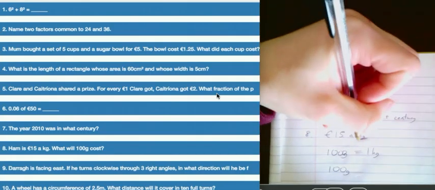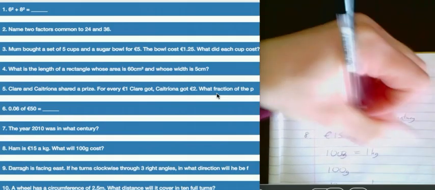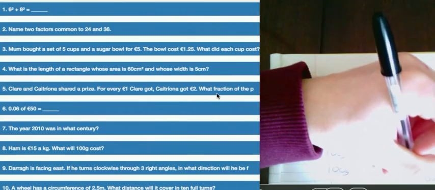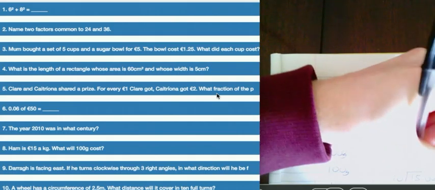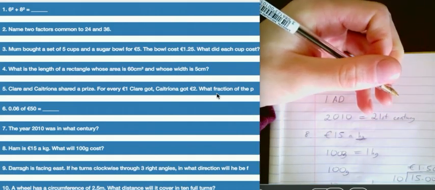So it's €15 for 1,000 grams. 100 grams is 1/10 of a kilo. So we simply divide €15 by 10, move one decimal place, and you're left with €1.50. So it's €1.50 for 100 grams of ham.